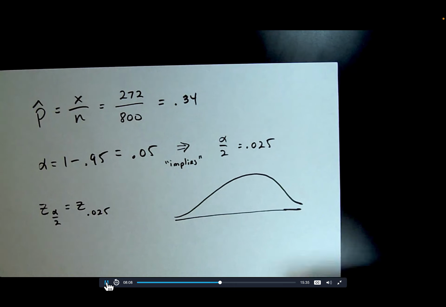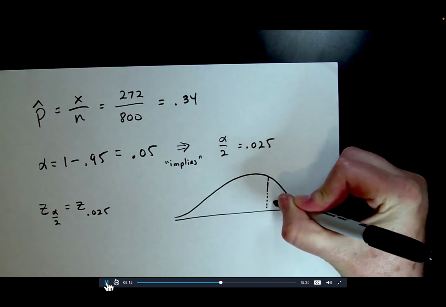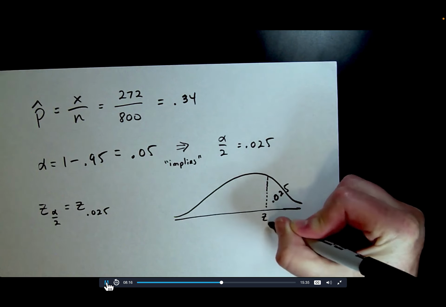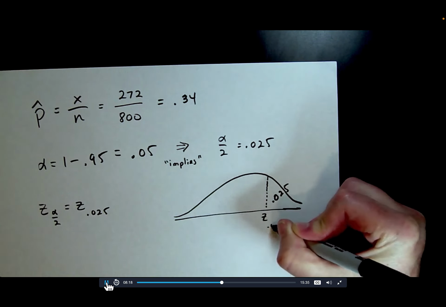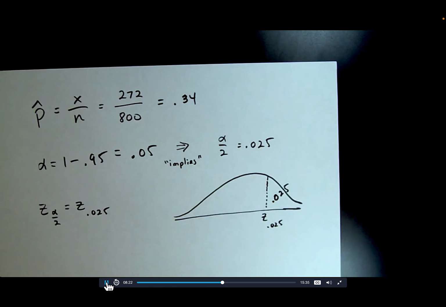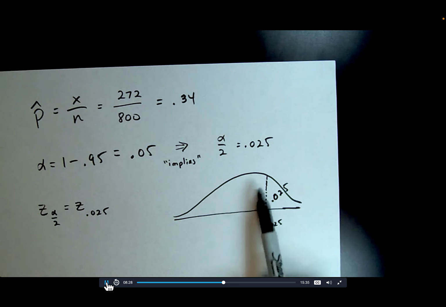So what I want, say this area is 0.025. So I want this number, z sub 0.025, because z sub alpha means the z that has that area to the right. The problem is the table gives you the z value for the area to the left.